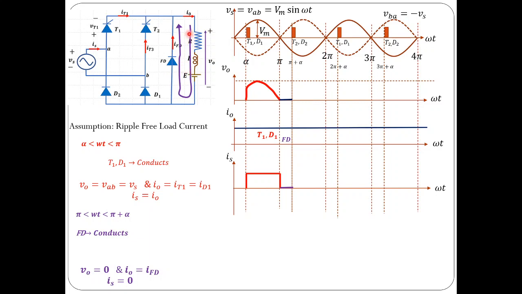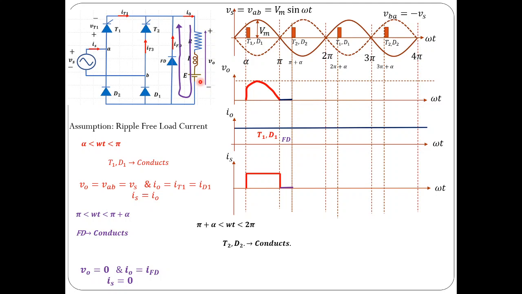As long as this is conducting, voltage drop across the load is the same as voltage drop across all these load components together, which is going to be 0 in this case. So previously we have seen whenever load is not conducting, voltage across load is the same as battery voltage, right? So that is not the case in this particular semi-converter configuration.